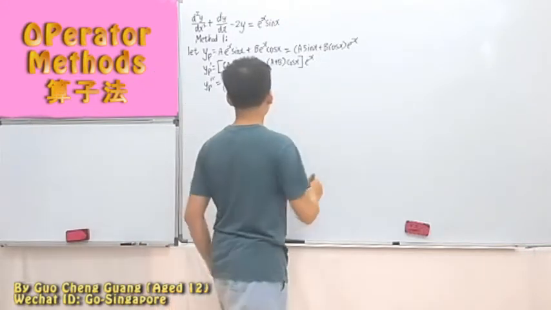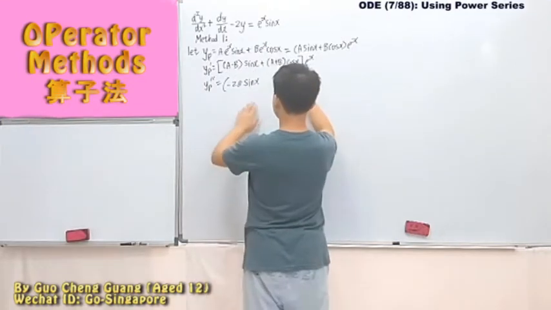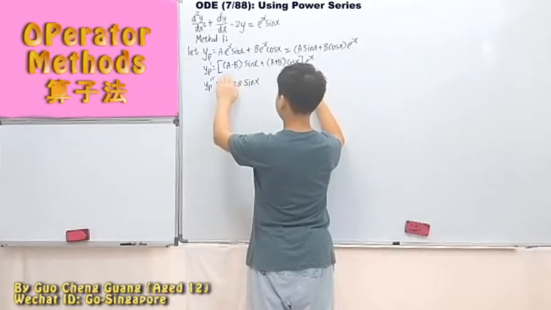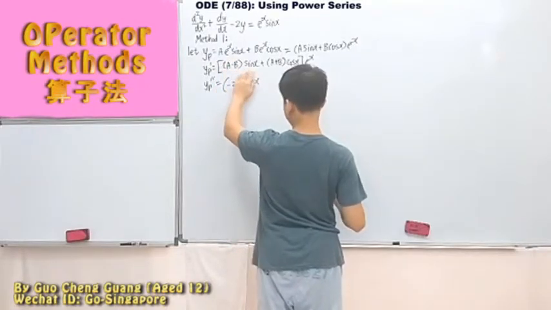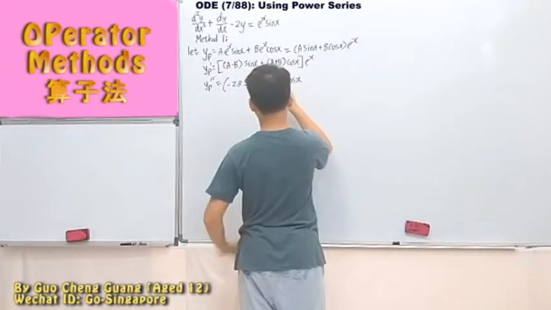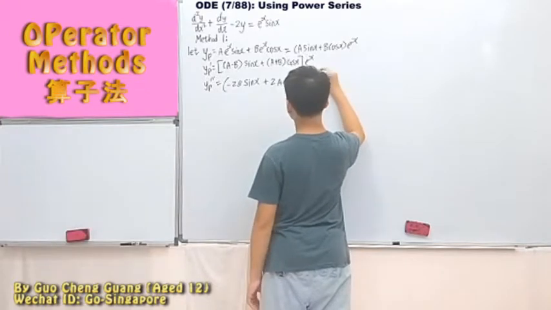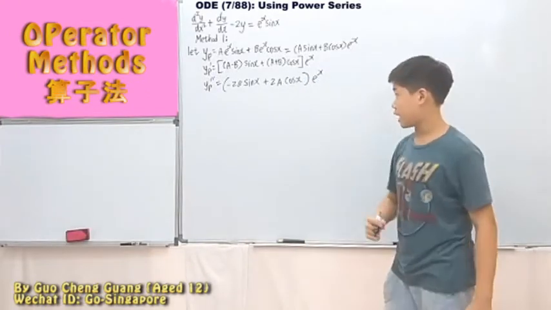Okay? Then after that is for cosine. For this part of cosine, here you differentiate a minus b. Then here will be a plus b. After that you add 2a. This part is what you get.